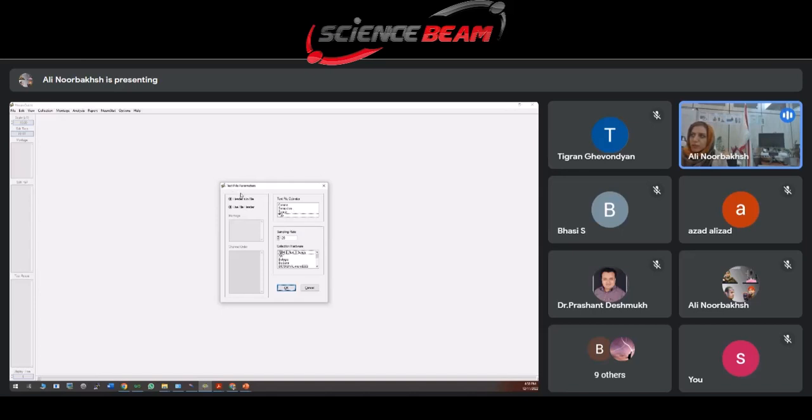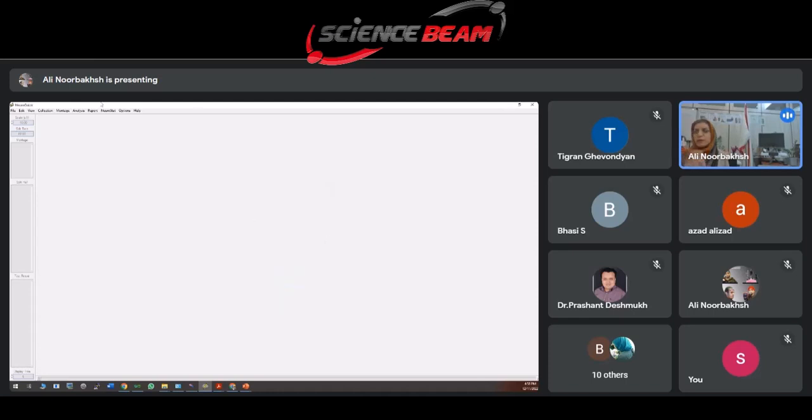And we should fill the text file parameters, including sampling rate. It should be 500. And you can select the name of the device, Science Beam.